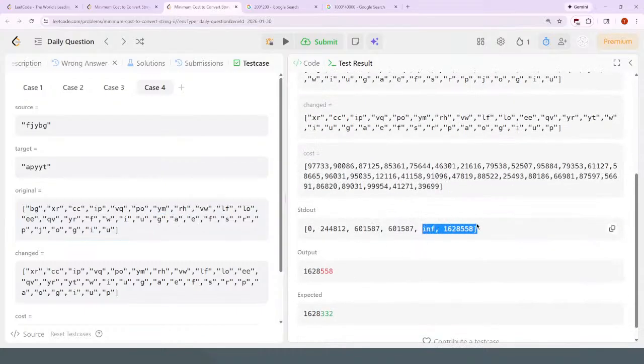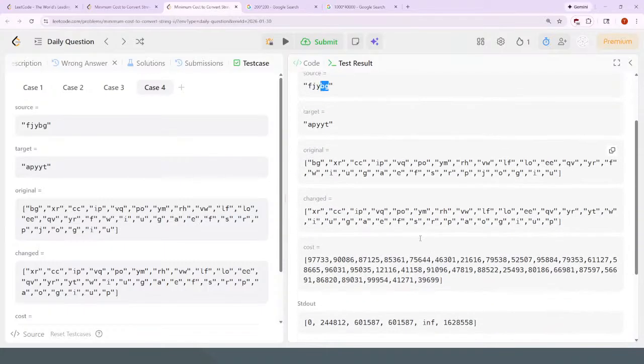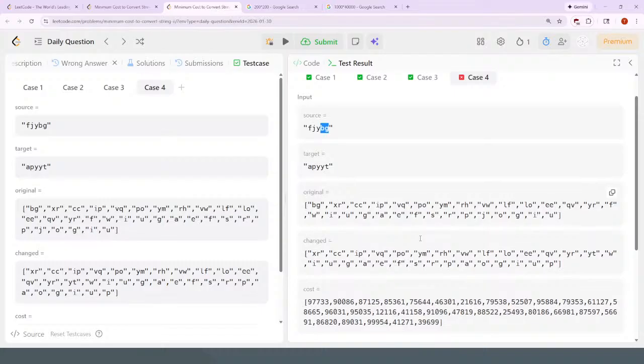How did it go infinite and a number? Oh no, that's okay, I'm misreading this. This is just the final answer. So there is no G to T. This is what the infinity means. I had to do 2 letters at the very end, some sort of transition between like B, G, to YT because there's no BG to YT. Or there's no G to T, so I had to do some sort of two-letter transition.